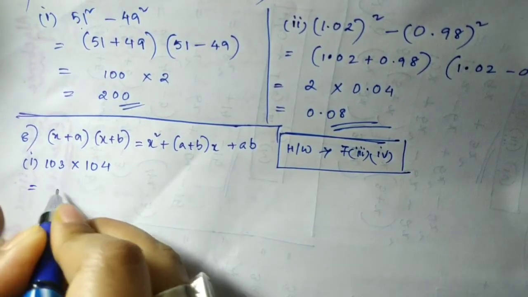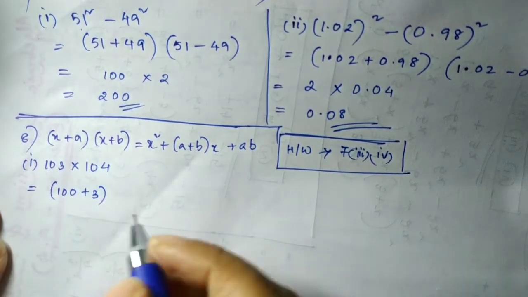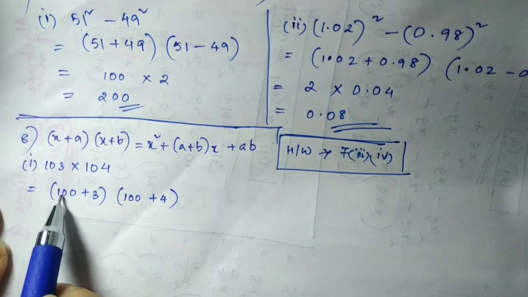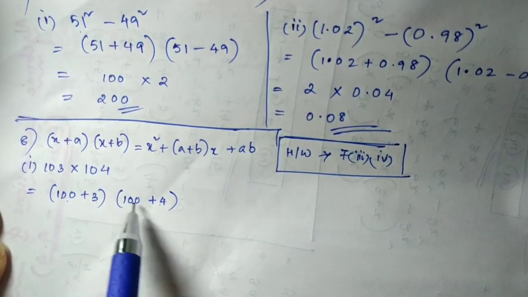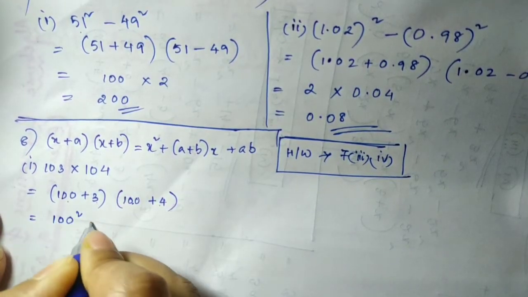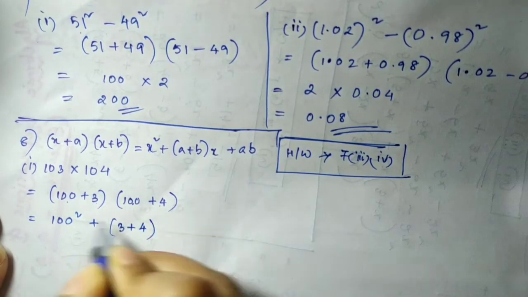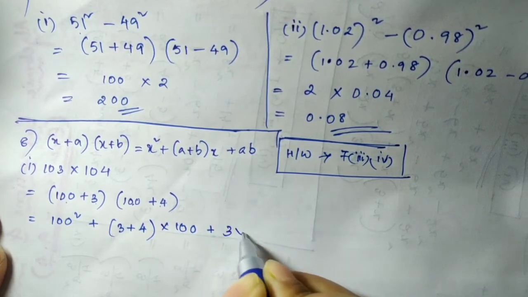So this I can write as 100 plus 3, because the first term x has to be the same, and this I can write as 100 plus 4. So this is my x plus a and x plus b, means this is my x, this is my a, again x and b, which is equal to what? X square. So that means 100 square plus a plus b, that is 3 plus 4, into x, 100, plus a into b, that is 3 into 4.